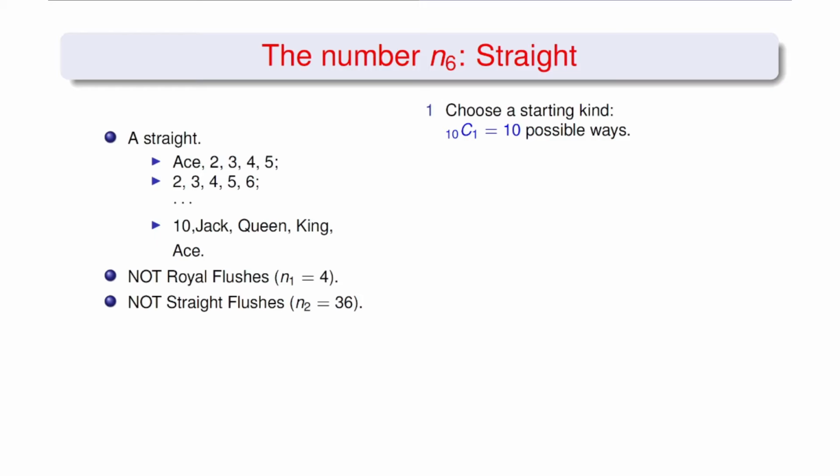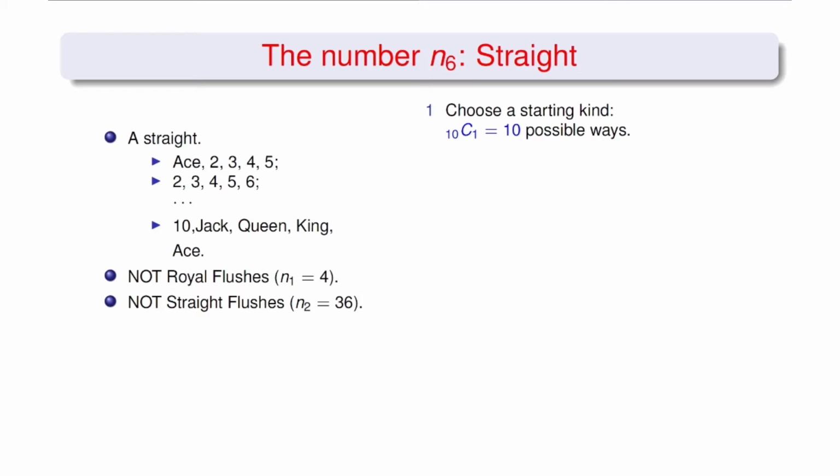So ace, 2, 3 till 10. So we choose a starting kind. It must be either ace, 2, 3, or finally 10. So there are 10 possible ways to choose a starting kind. Now, once the starting kind is chosen, well, this straight is fixed.